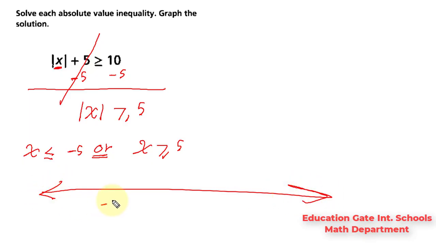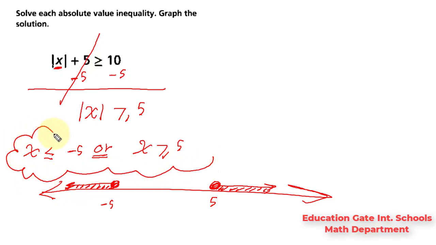We have negative 5 at the left, 5 at the right. Don't forget we have equal sign, so shaded circles. We need all the numbers that are less than or equal negative 5 and all the numbers that are greater than or equal 5. So you have to shade at the right of 5 and at the left of negative 5. So the solution is x is less than or equal negative 5 or x is greater than or equal 5.